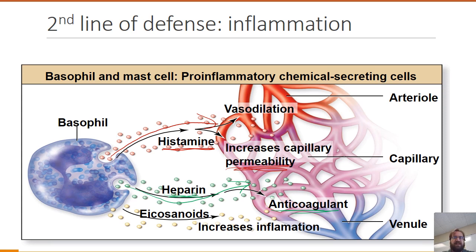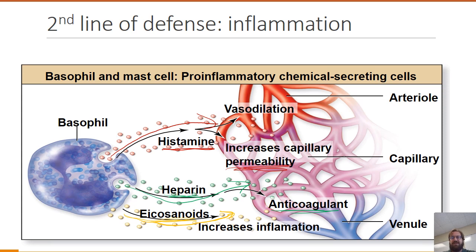And then finally, the basophils also release eicosanoids, a subset of which are called prostaglandins. These increase inflammation in the area. There's sort of a positive feedback loop that recruits more basophils, more mast cells, more tissue responses that increase the inflammation.